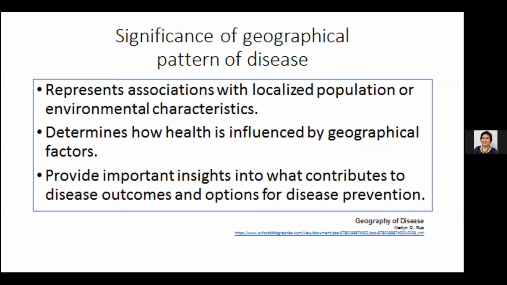The study of geographic patterns of diseases is important because the information may represent associations with localized population and environmental characteristics. It can provide knowledge that can determine how health is influenced by geographic factors and provide important insight into what contributes to disease outcomes that can offer options for disease prevention.